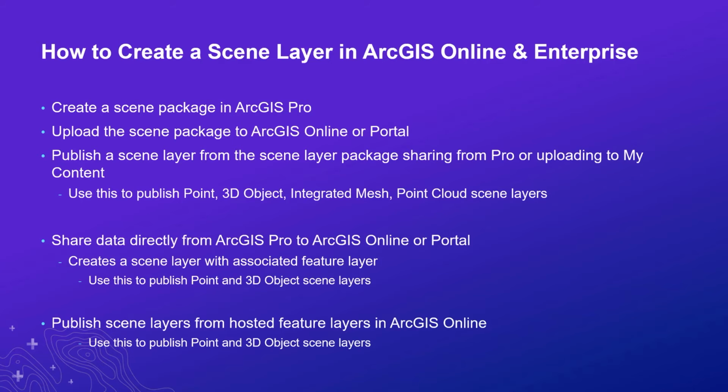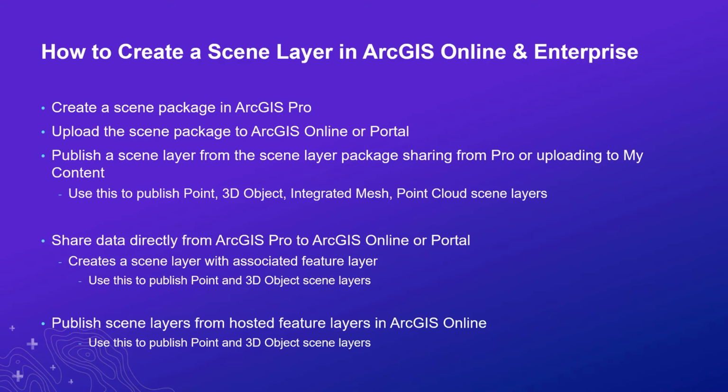And this scene layer package could be used to publish point, 3D object, integrated mesh, or a point cloud scene layer. So we'll just be doing a 3D object scene layer in this case, but I just wanted to cover off that it's not just for the 3D object scene layer. It could be used for these other types as well.